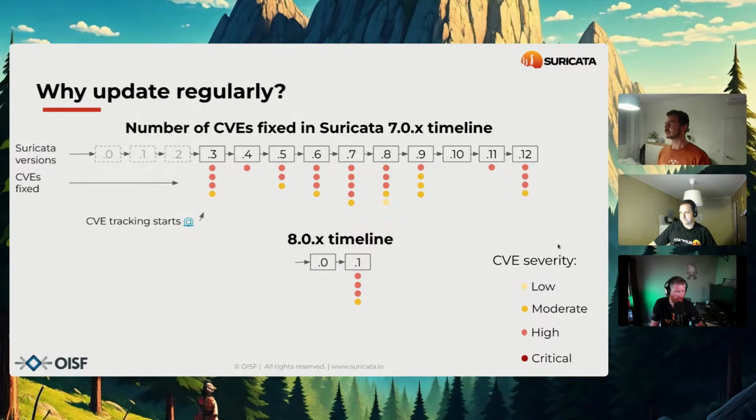This diagram goes from left to right with the patch releases increasing, and each dot represents one CVE fixed. The color annotation in the bottom right corner describes the severity level that was fixed.